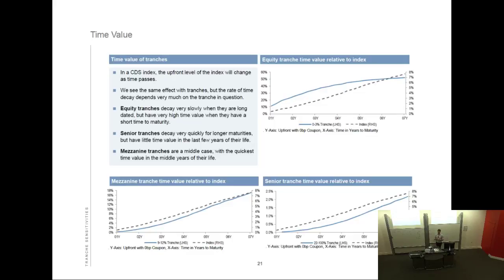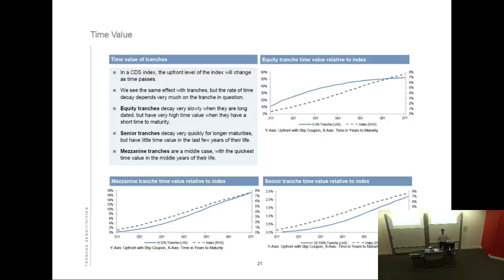Because you think of it as a far out of the money option, the less time you have available for that to materialize, the less valuable it is, and significantly so. So senior tranches are the opposite of equity tranches. They roll very fast.